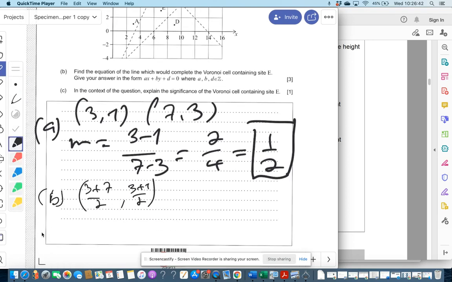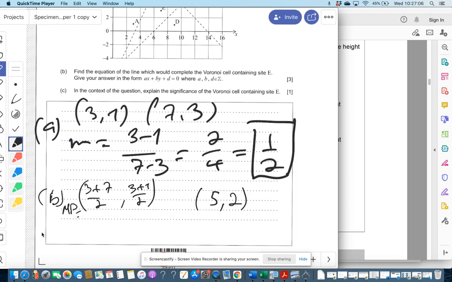and those are the coordinates of the midpoint. Maybe we should call that MP or M, not M because we just used M. So that's going to be 3 plus 7 divided by 2, 5. 3 plus 1 is 4 divided by 2, 2. Okay, so that's the midpoint. And then we want the perpendicular gradient because this is a perpendicular bisector.